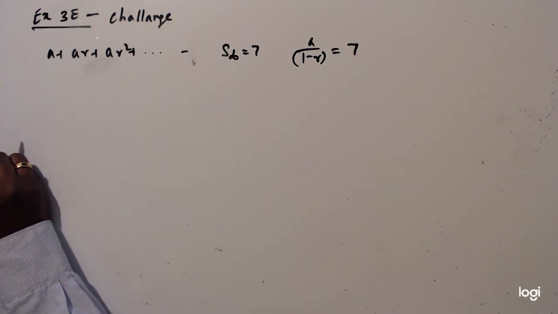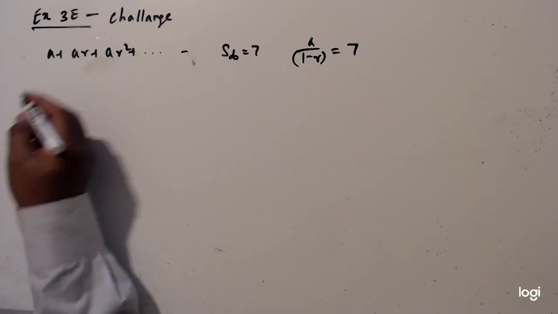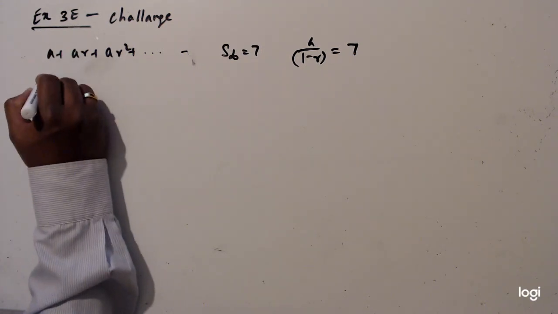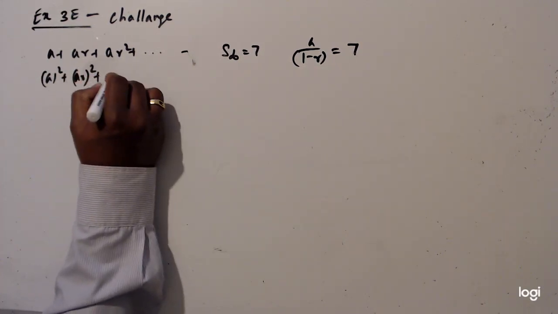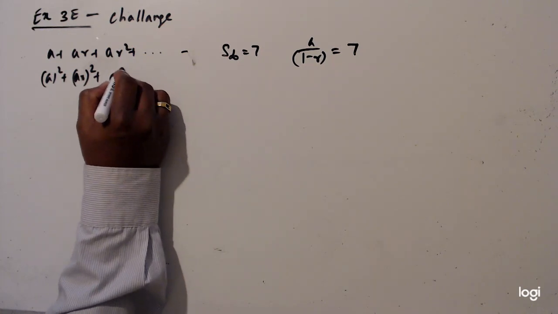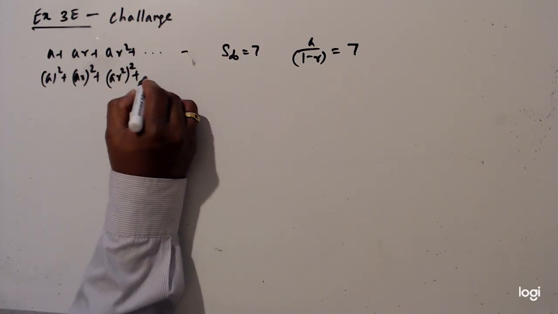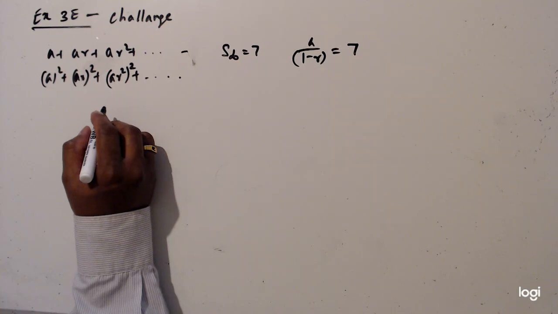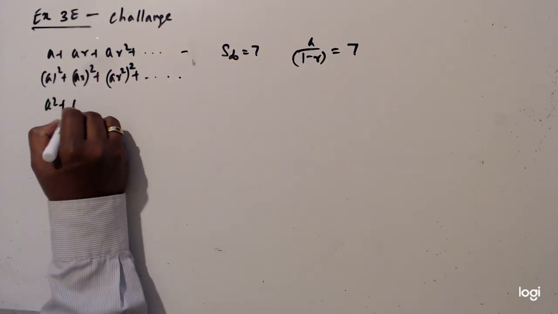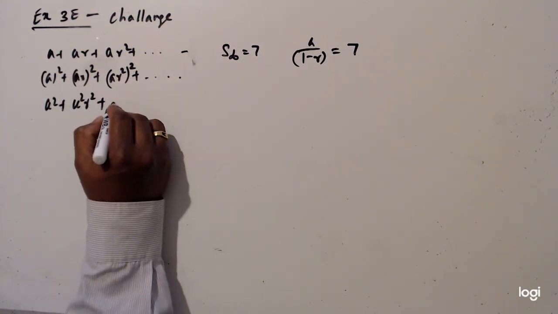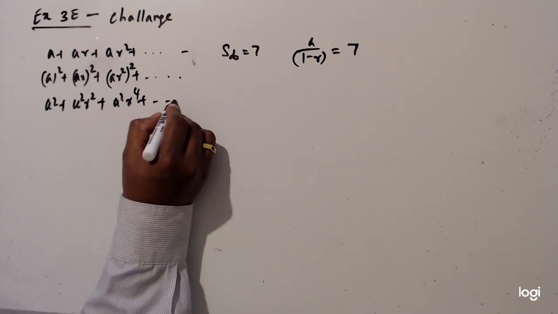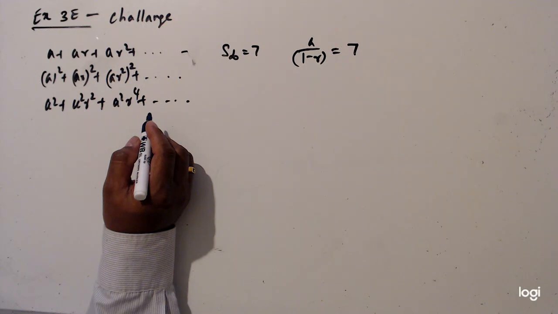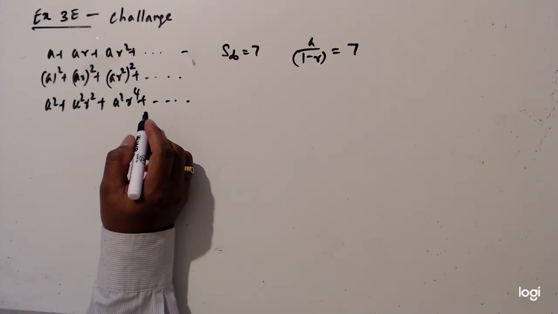Then the second series is formed by squaring every term in the first series. It means each and every term is squared. So this becomes a squared, a squared r squared, a squared r to the 4, and so on.